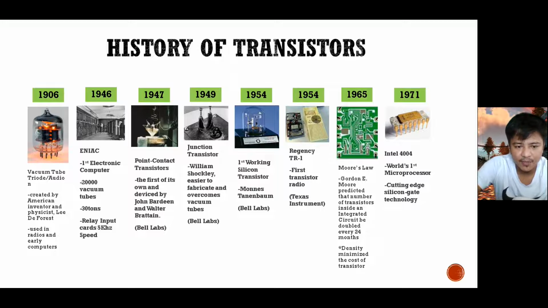After that, the first device of its own kind, the point contact transistor, was made and developed by scientists John Bardeen and Walter Brattain at Bell Labs. The main contributor to the development of transistors was Bell Labs, which set up scientists behind this development.